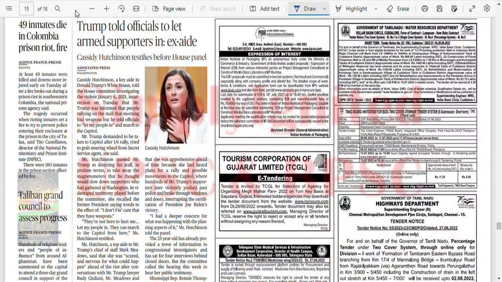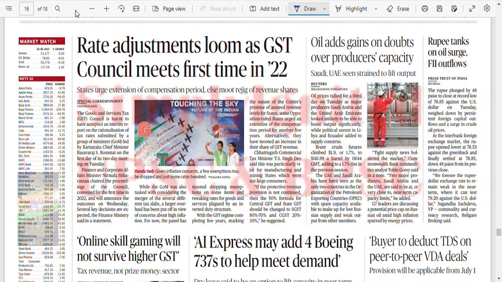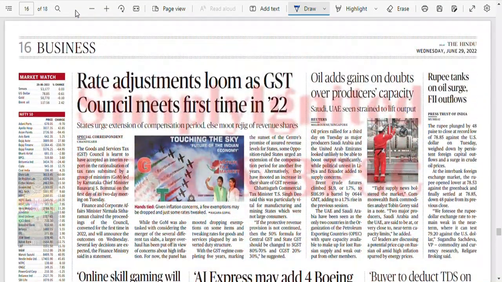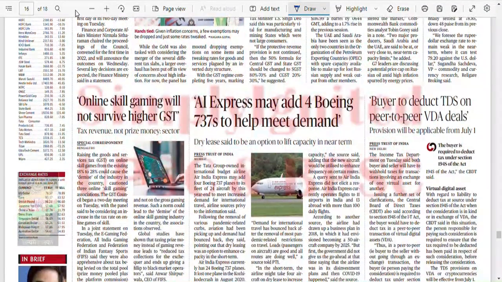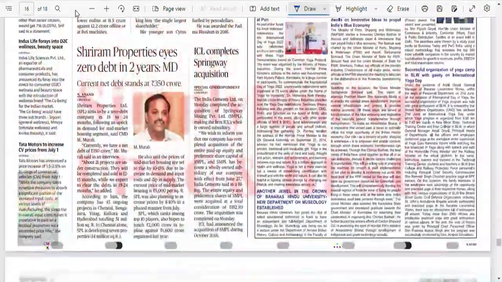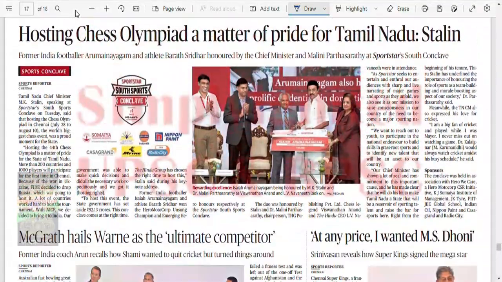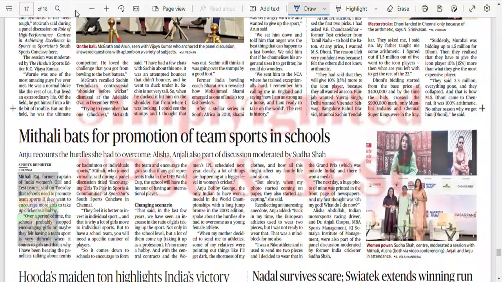Trump told officers to let armed supporters in, ex-aide says. Okay. Fine. FII outflows continue. Foreign institutional investors. This would lead to more depreciation of the rupee. Okay. We generally do not have very important news related to the examination on this page.